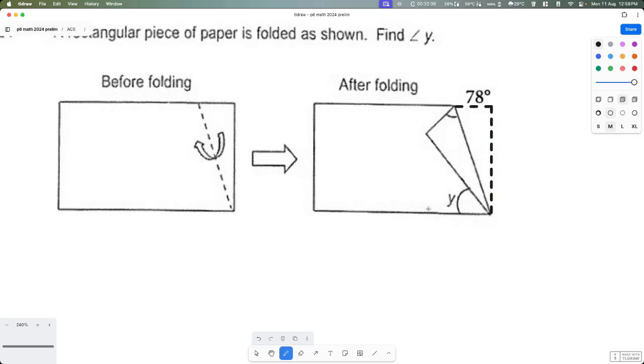So what we can do is create another angle. I'm gonna make this solid instead. So this is angle X, and this is also angle X. And we know that this over here is 78 degrees.